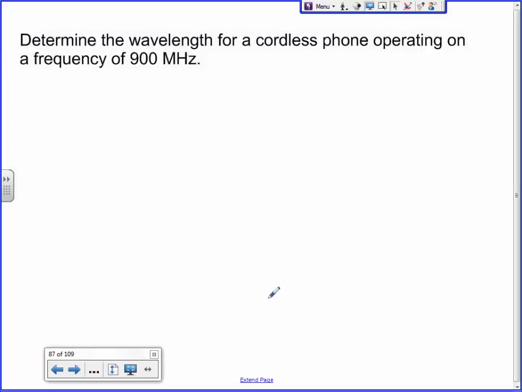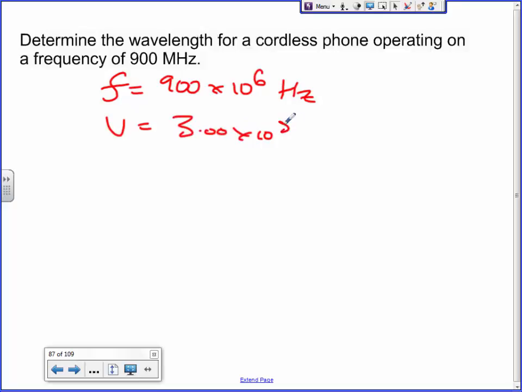So in terms of information you have, you know your frequency is 900 megahertz. I'm going to make one little twist here though. Rather than writing megahertz, I'm going to call it 900 times 10 to the 6 hertz. You guys pick out how I managed to do that? I just changed the mega to a 10 to the 6. We know the velocity is 3 times 10 to the 8 meters per second. We have the information we need.